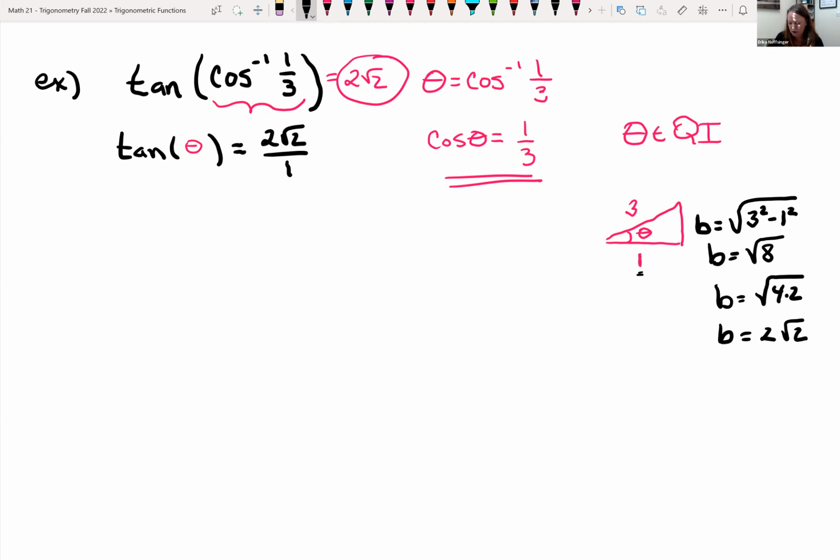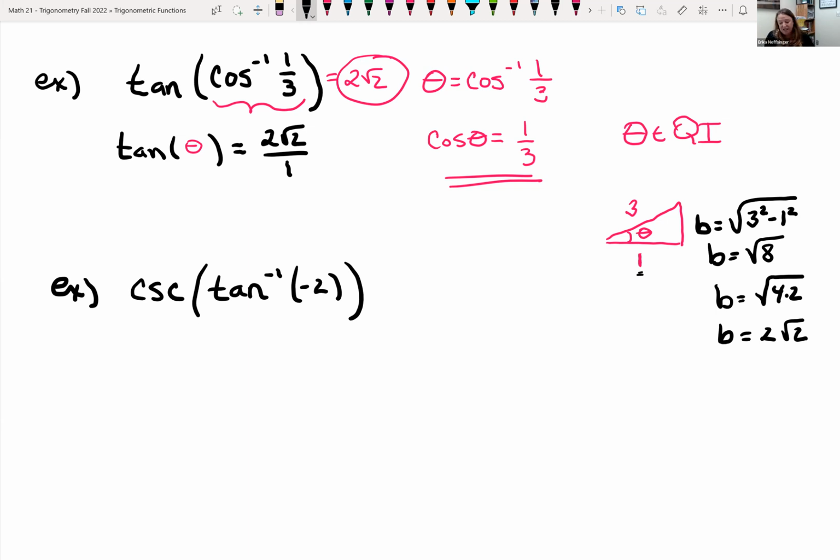So let's do one more, and then we'll call it quits for today. So let's say you had cosecant of tangent inverse of -2.